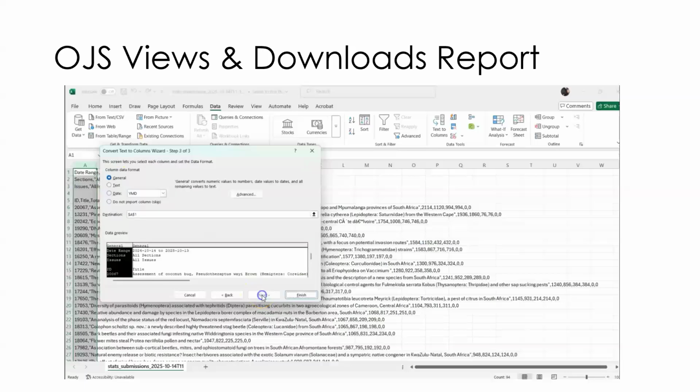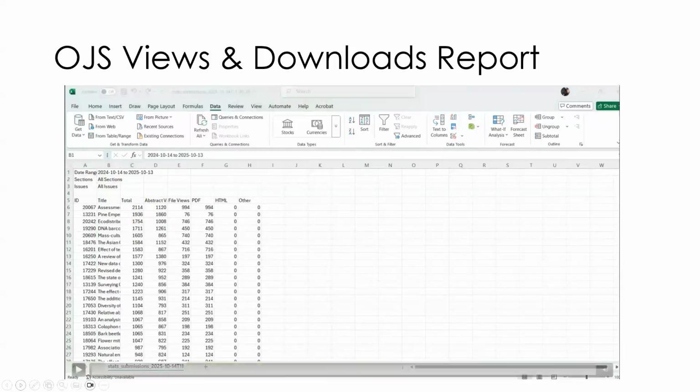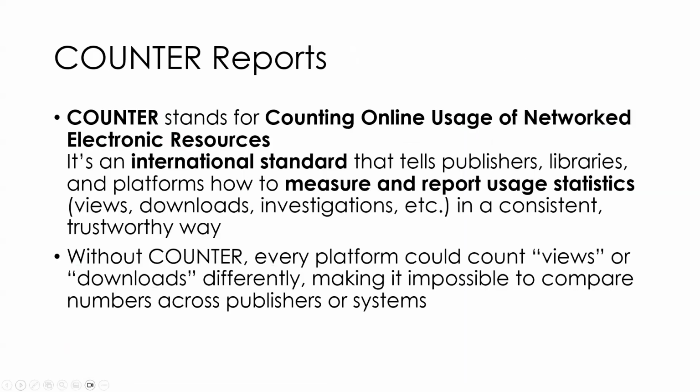It's not a very complex data set. And this is my data set from 14 October 2024 to 13 October 2025. And now you can use AutoSum to add it and do some calculations, etc. and sort it, whatever.